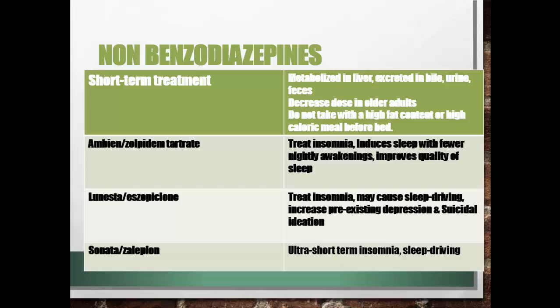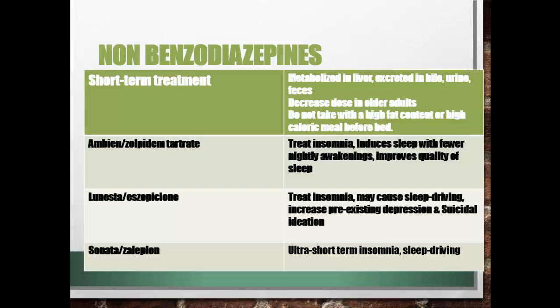So for sleep, the medications that are used currently are the benzodiazepines, not very often, but sometimes, particularly alprazolam and lorazepam. The non-benzodiazepines, like the newer developed drugs like zolpidem, zopiclone and zaleplon, or Sonata or Lunesta or Ambien.